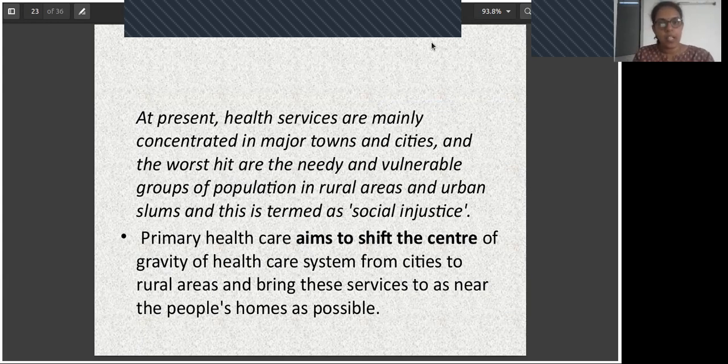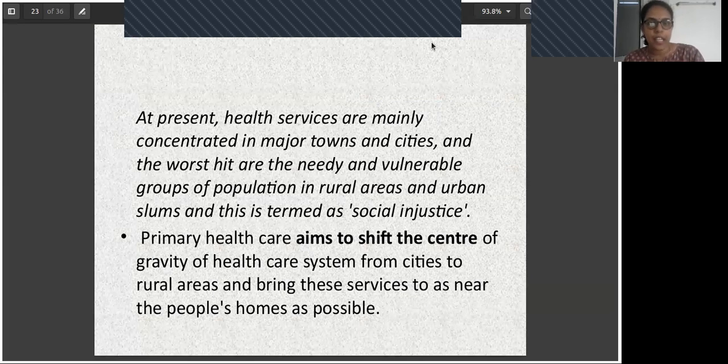Similarly, nowadays, even if we fall sick, we go to a hospital in a city or a town. That is what is happening in the current scenario. The worst hit are usually the needy and vulnerable groups of population living in rural areas and urban slums. That is the stark contrast, the dire reality we face today, and we call it social injustice.